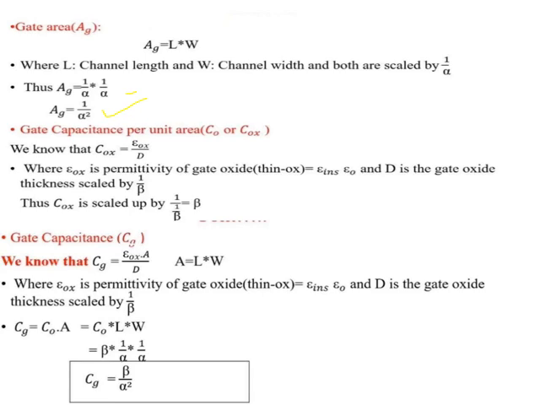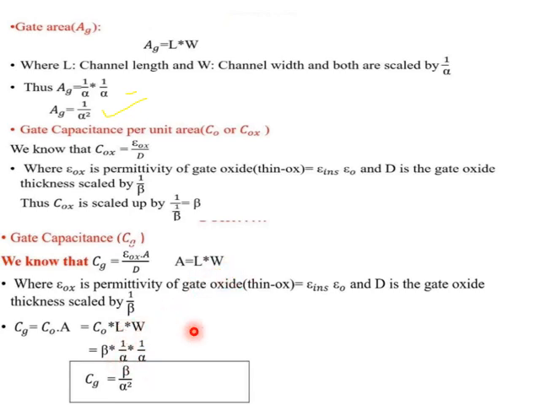Now the formula for gate capacitance CG is epsilon OX by D, or that is COX multiplied by the area of the gate. COX, as you can see from the last expression, is scaled by a value of beta. Area, which is nothing but the product of L and W, each of L and W is scaled by a factor of 1 over alpha.